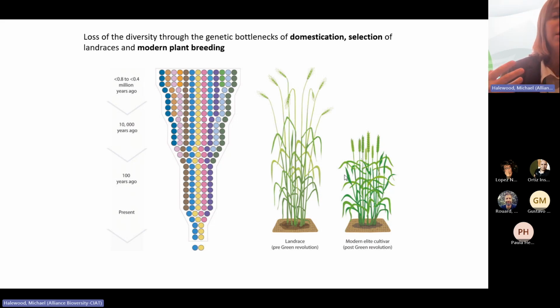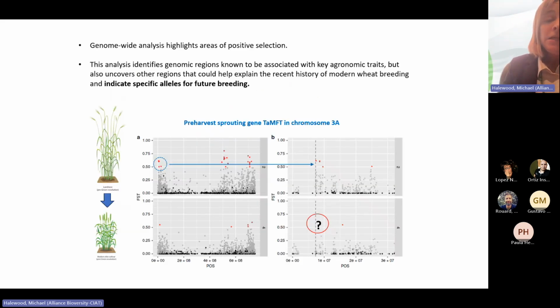So this is a very nice example of our Norman Borlaug legacy. But during this process, many genes are left behind, not because they are good or bad, but because breeders focus on one trait. In the previous example it was plant height. So many genes during this process are left behind.